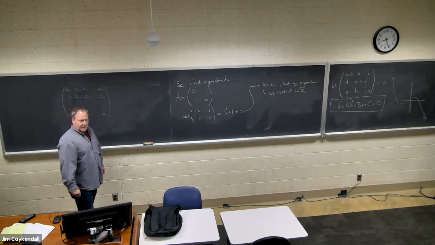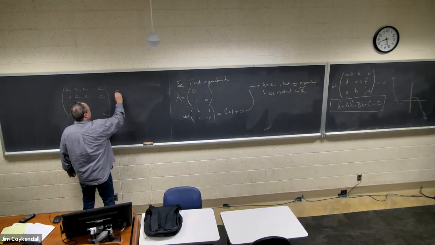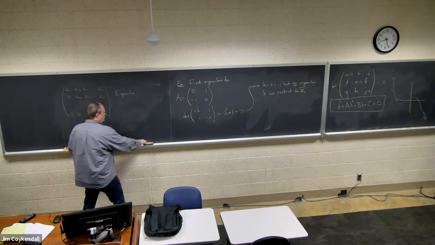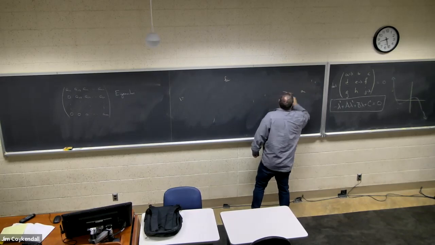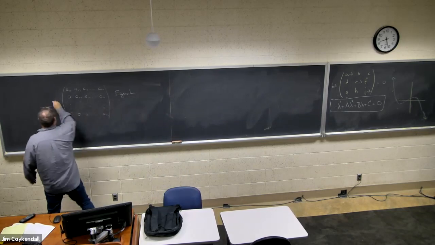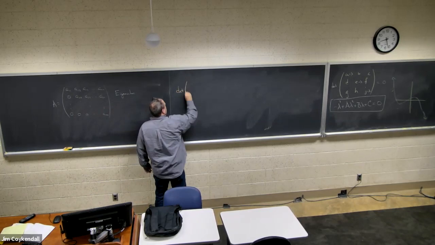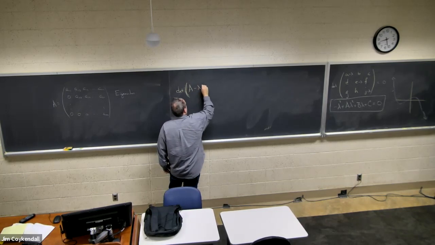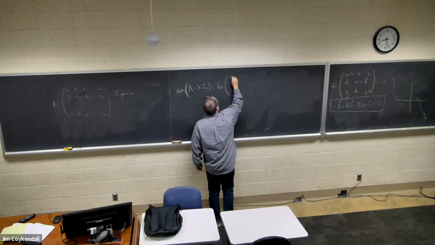What if you have an upper triangular matrix or a lower triangular one? Well, if you look at the determinant, we'll call this A here. If you look at the determinant of A minus lambda I, this is the determinant of A11 minus lambda and so on.